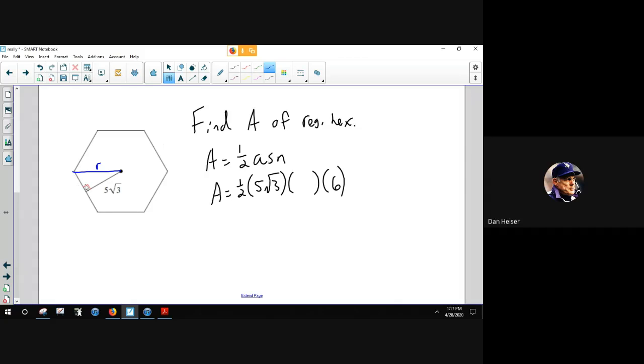Because I need this in order to find the whole thing. This side right here is equal to this piece right here, and the whole thing together is our S. So I need to know what's going on. Well, because this is a hexagon, I can find the total number of degrees.